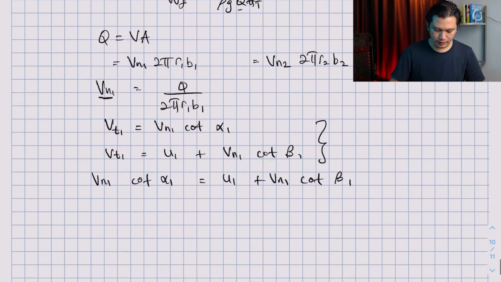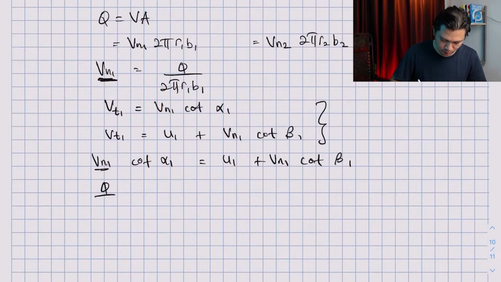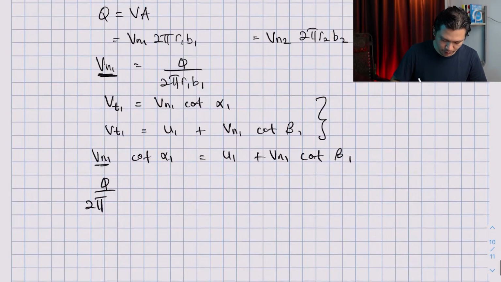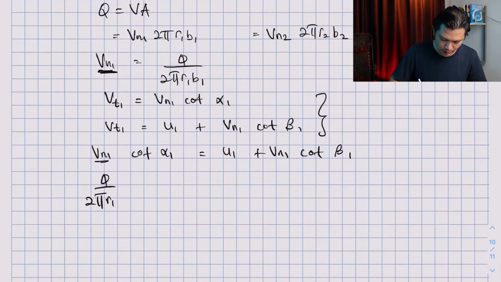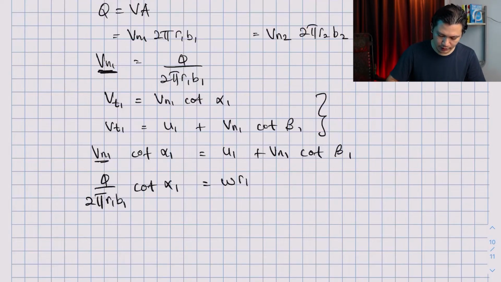If I want to replace Vn1 with this equation, I'm going to have Q over 2 pi R1 B1 cotangent alpha 1. I know that U is actually omega times R. So U1 is omega times R1 plus Vn1, again Q over 2 pi R1 B1, cotangent beta 1.